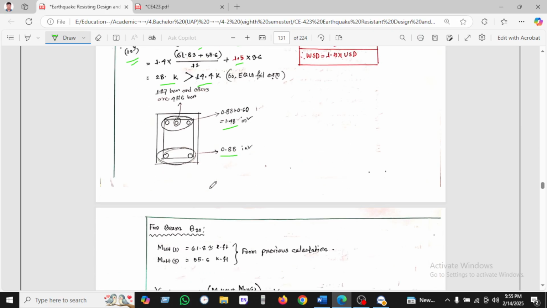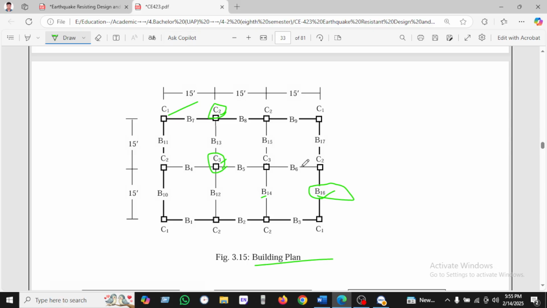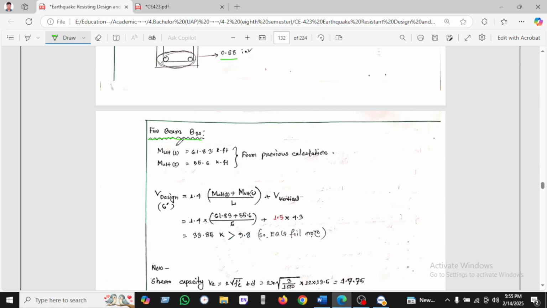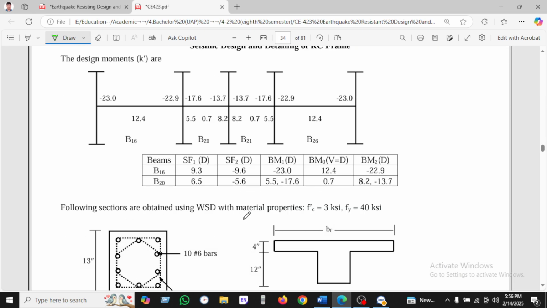Let's see another beam, which is beam B20. Okay, we have to see which is B20.